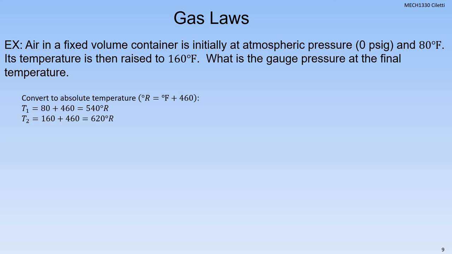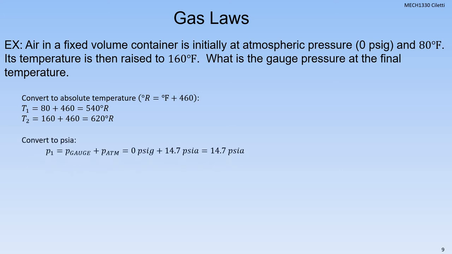So it's our Fahrenheit plus 460 to get into Rankine. So our first temperature is 80 plus 460, that's our initial temperature, and we get 540 Rankine. And then our second temperature, what we end at, is 160 Fahrenheit plus 460. That gets us to 620 Rankine. So it's imperative that you put all of these in absolute temperature first.